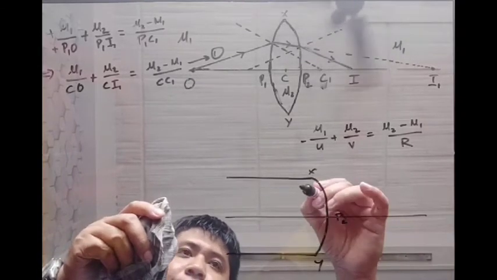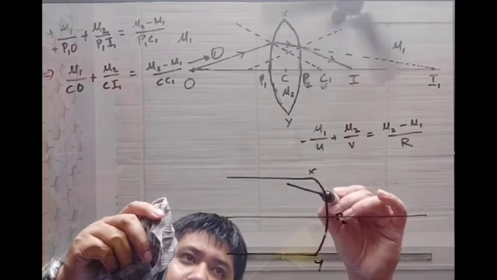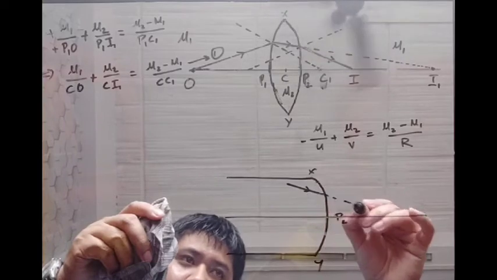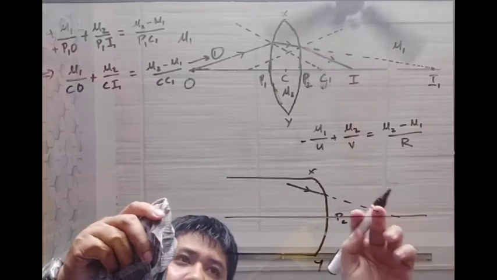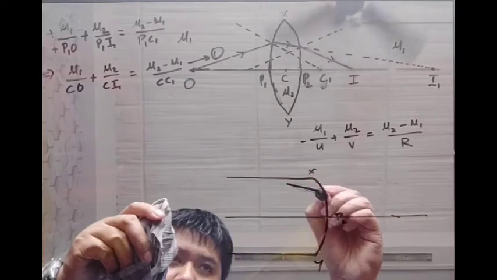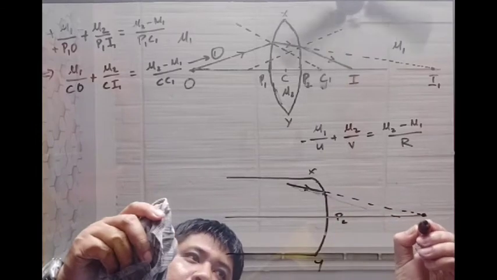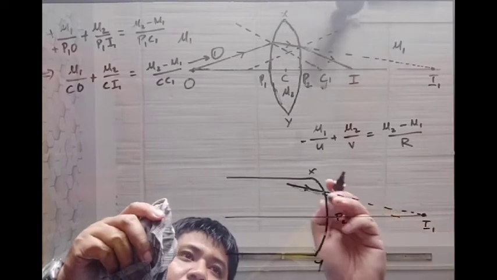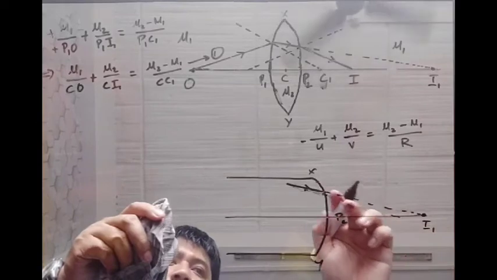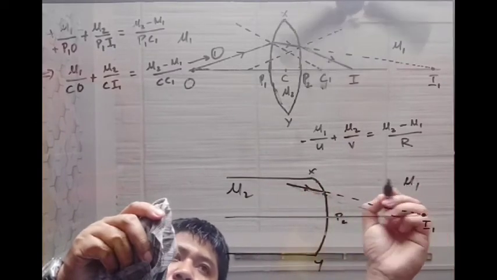Here light travels from this, and I1 is acting as the virtual object for this refraction, mu2 to mu1.